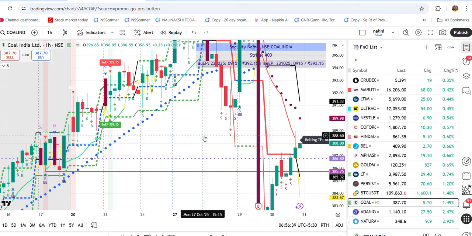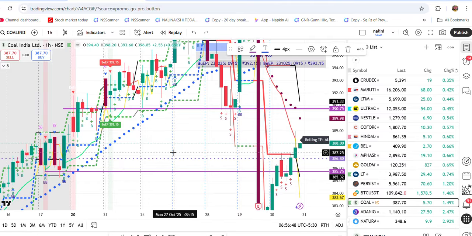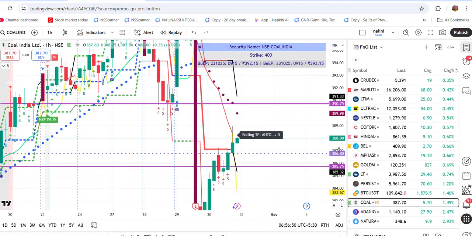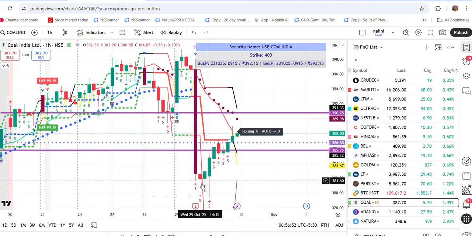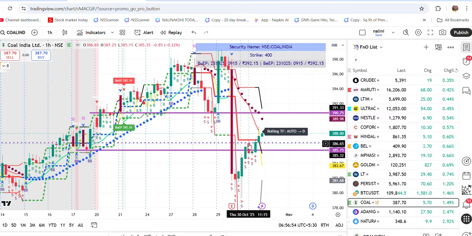On 23rd, the episodic pivot is 392. So this stock, after falling, is reclaiming this level.